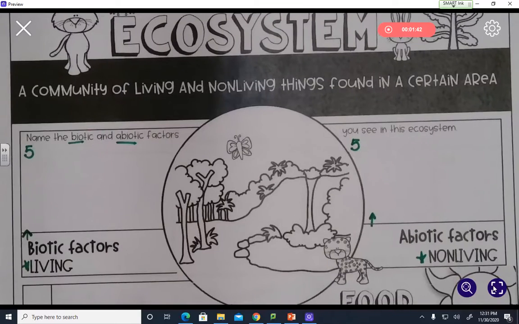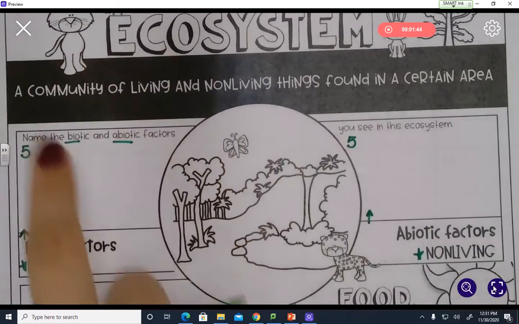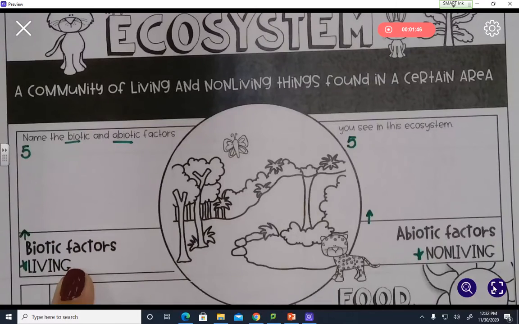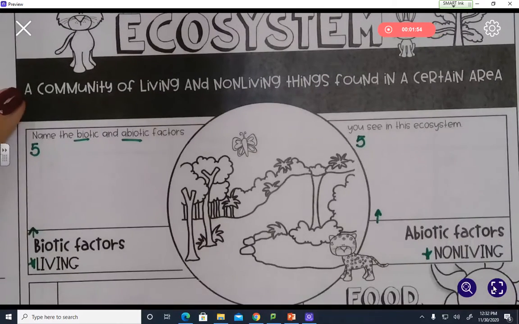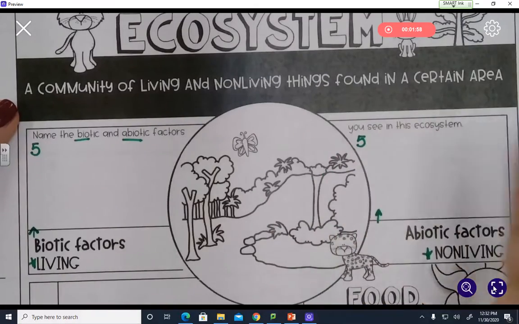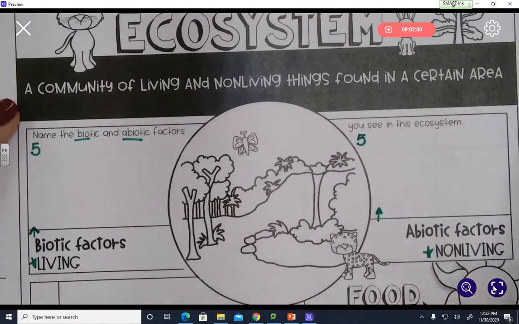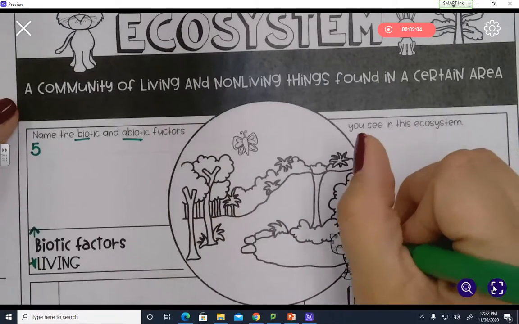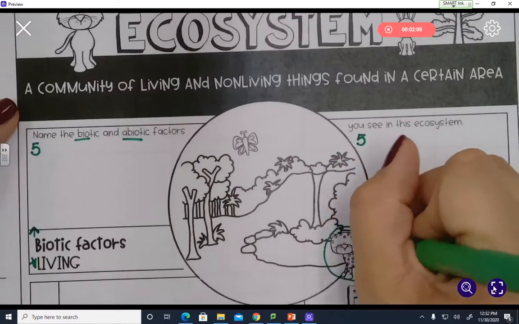So I'm going to name 3 of our biotic and 3 of our abiotic, and you guys are going to name the other 2 on your own. First, looking at this, I'm going to name the first 3 and you're going to name the next 2. So the first one that I see right away is going to be this leopard right here.